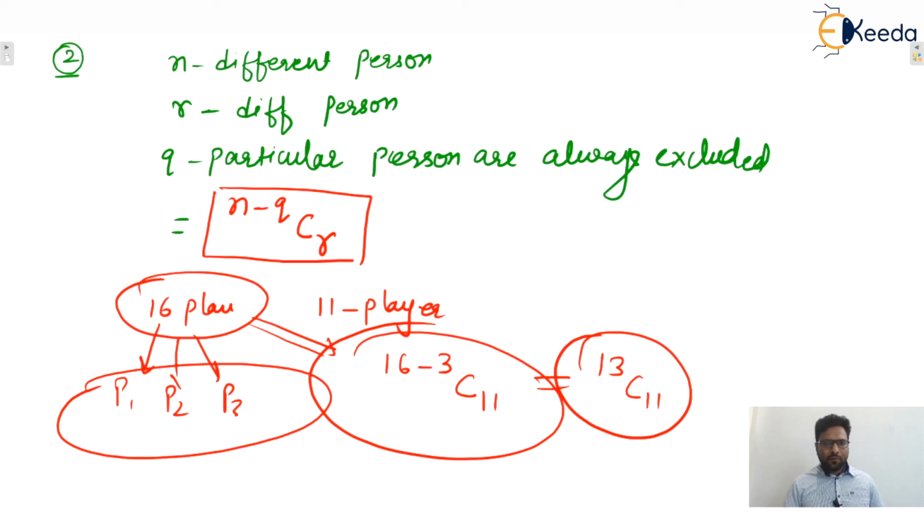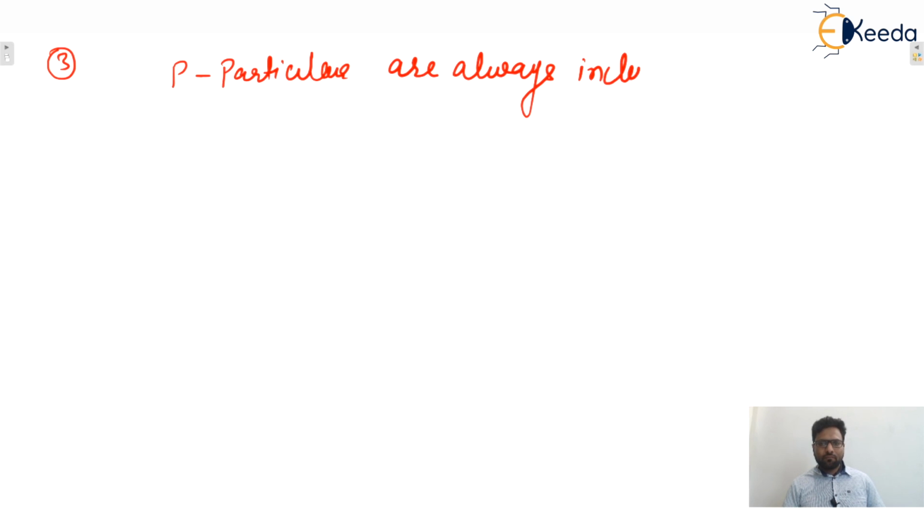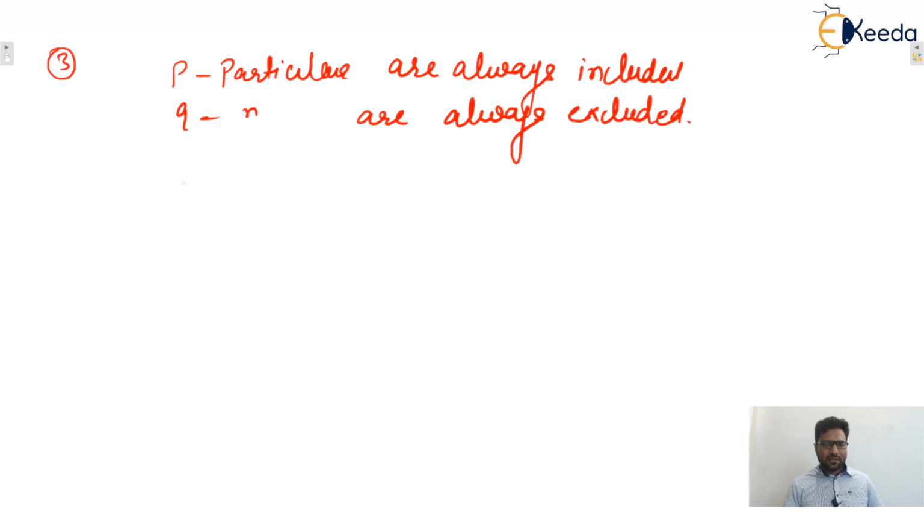Okay, moving to the next one. If both conditions are together, if it is given that p particular persons are always included as well as q particular players are always excluded, the total number of ways will be n minus p minus q C r minus p.